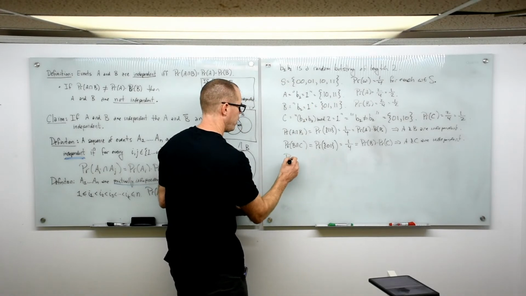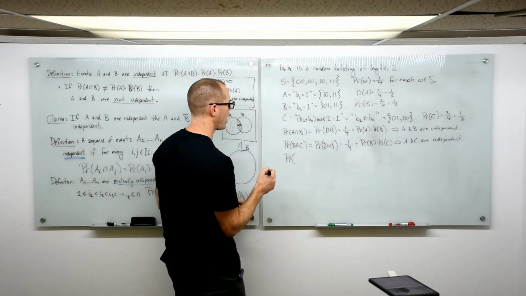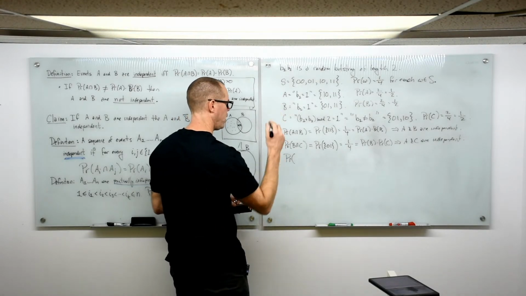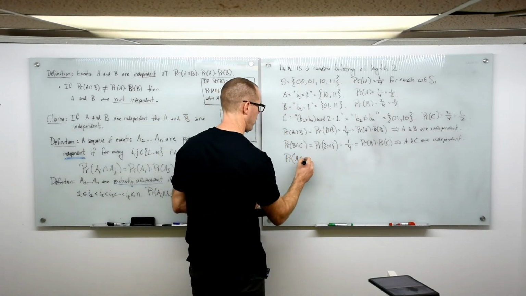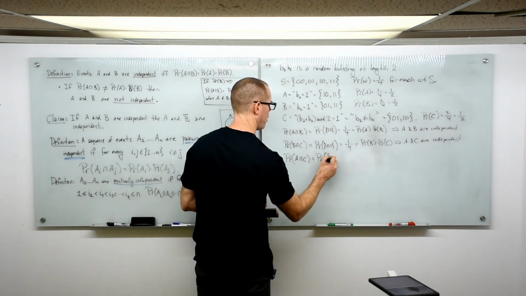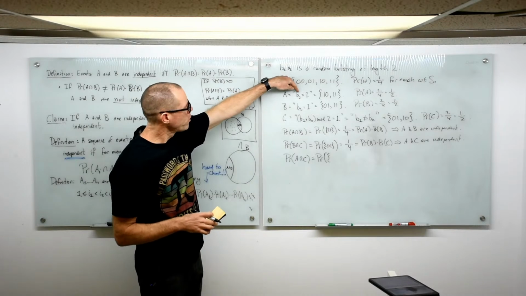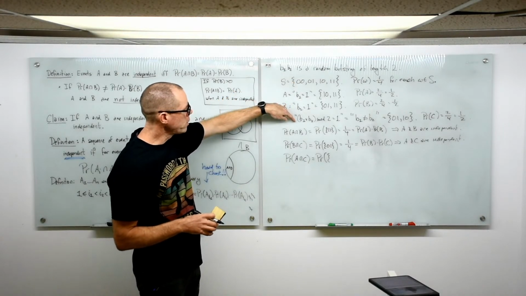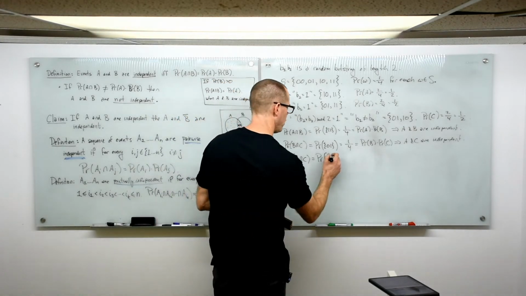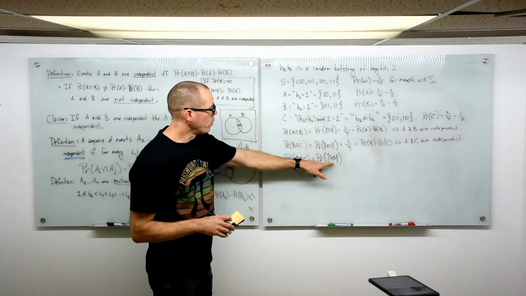And now finally, we can check probability of A and C. So A means the first bit is a 1, C means the two bits are different. So there's only one such binary string. That's 1, 0.